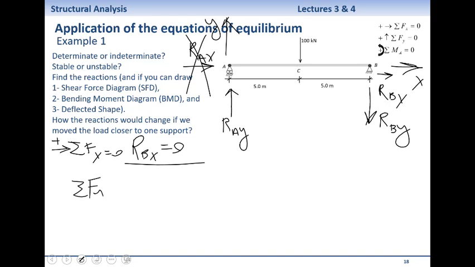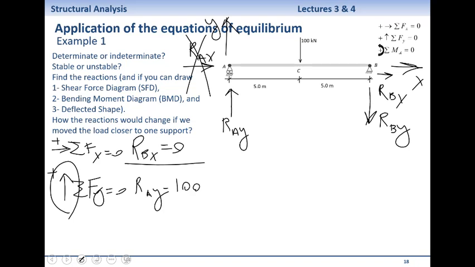Okay, let's do the next one. Summation of forces in y direction is 0. I'm assuming upward is positive. Can you help me? Left to right, tell me what you see. RAY, is it positive or negative? Very good, because it's in the same direction as positive. Next. Very good, minus 100, because 100 is going downward. I just assumed that this is positive, so minus 100.